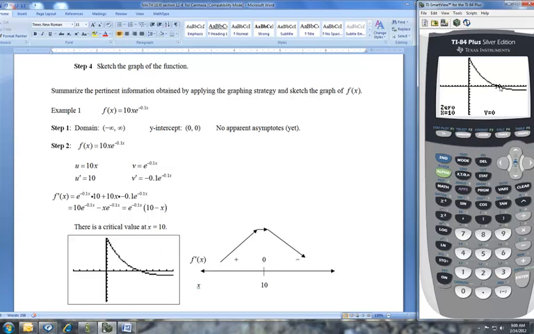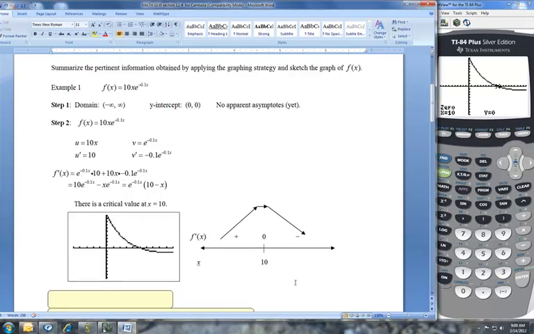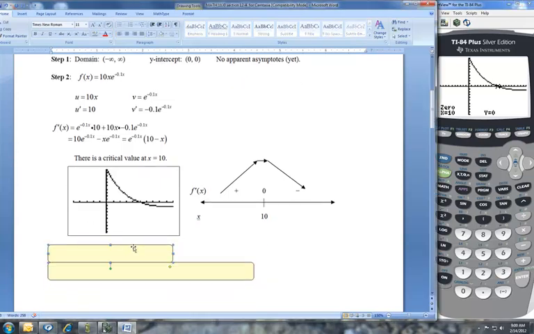But notice before 10, my derivative is above. That's where my plus came from. After 10, it's below. So my original is going up, leveling, and coming down. So I'm going to have a max here at x equals 10. If you remember, substitute that back into your original.